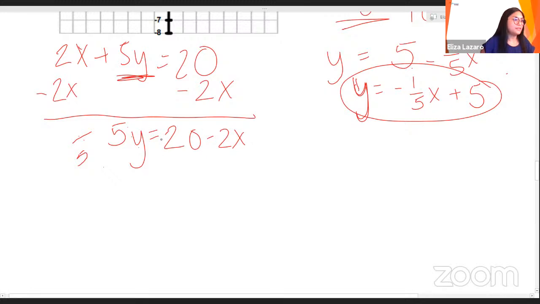And we're going to also divide this side. Sorry, my handwriting isn't as good with the mouse, but we get y by itself. Then we're going to divide both the 20 by 5, and the negative 2 by 5.